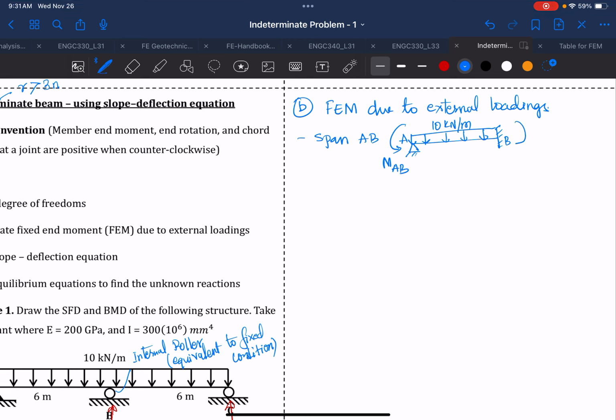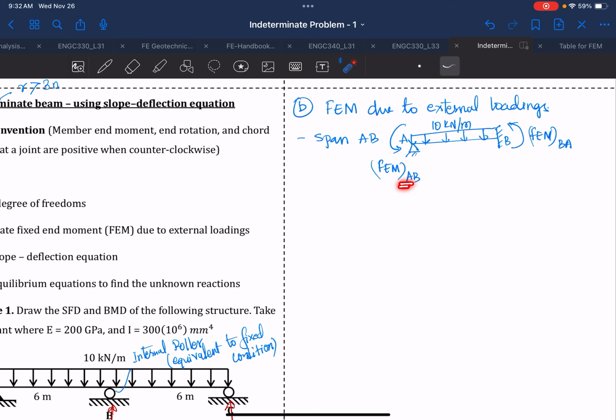I will say not MAB, because that is the total moment. You'll call it the fixed end moment of AB, and then this will be drawn. We always follow the sign convention of positive. So this will be FEM at joint B in a beam AB. So this is called the fixed end moment at joint A in a beam AB, and for this one it's called the fixed end moment at joint B in a beam AB.